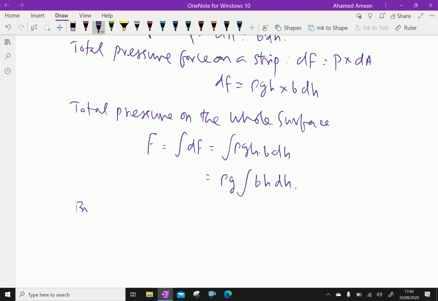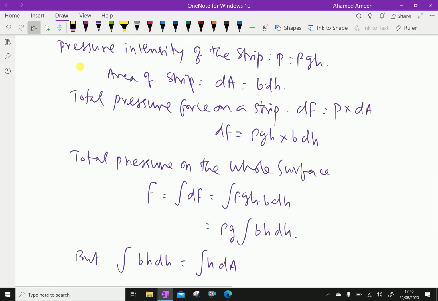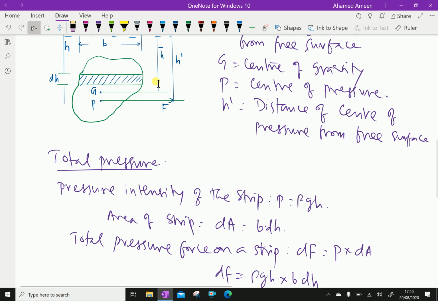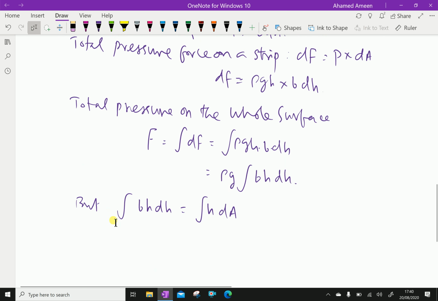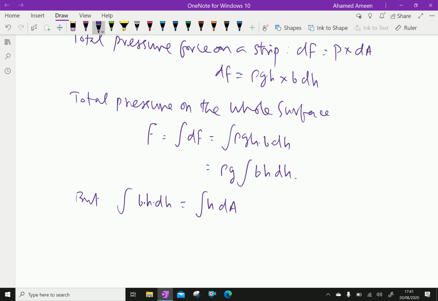But integral h b dh: b dh is delta A. Therefore h b dh equals h dA.